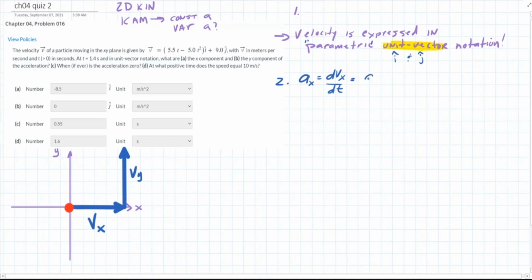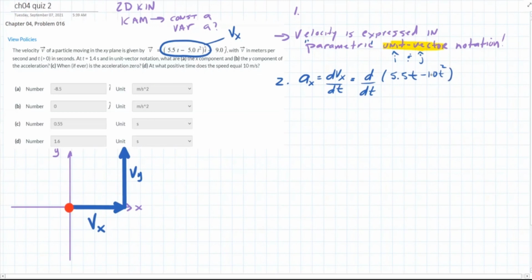So let's take the first derivative with respect to time of the x velocity. This is the x velocity. What I'm circling here, this is Vx. So I can take the first derivative of 5.5 t minus 10 t squared.